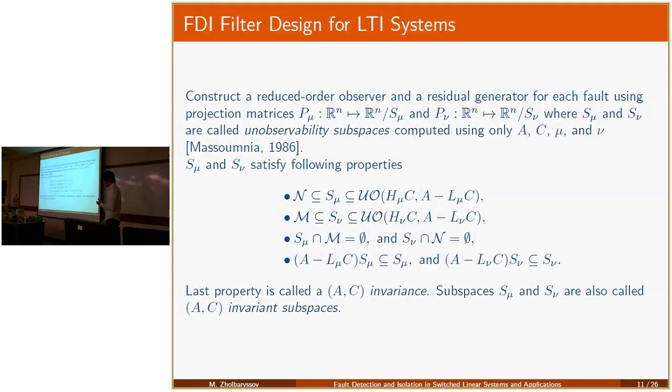And the last property ensures that under closed-loop dynamics, unobservability subspaces stay invariant, which is important for the design of a reduced order observer. This last property in geometric control theory is called AC invariance, and the S mu and S nu unobservability subspaces are called AC invariant subspaces.